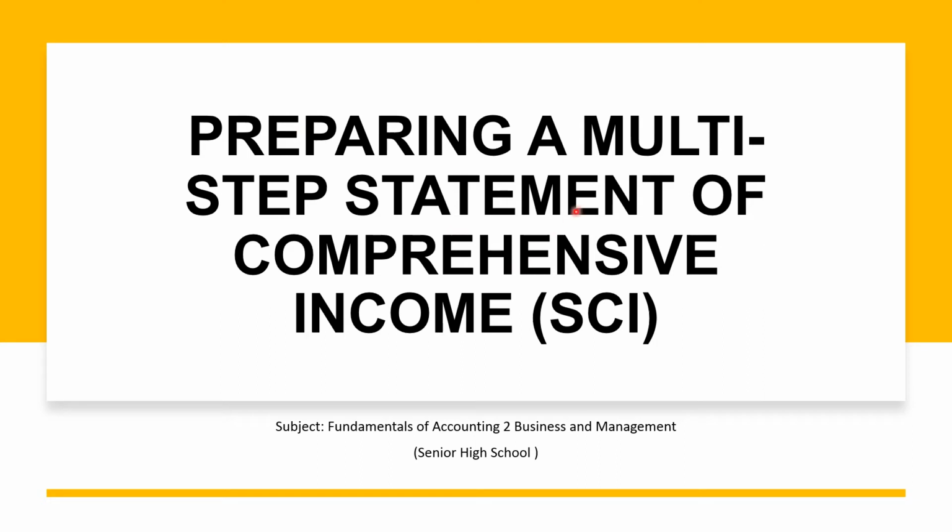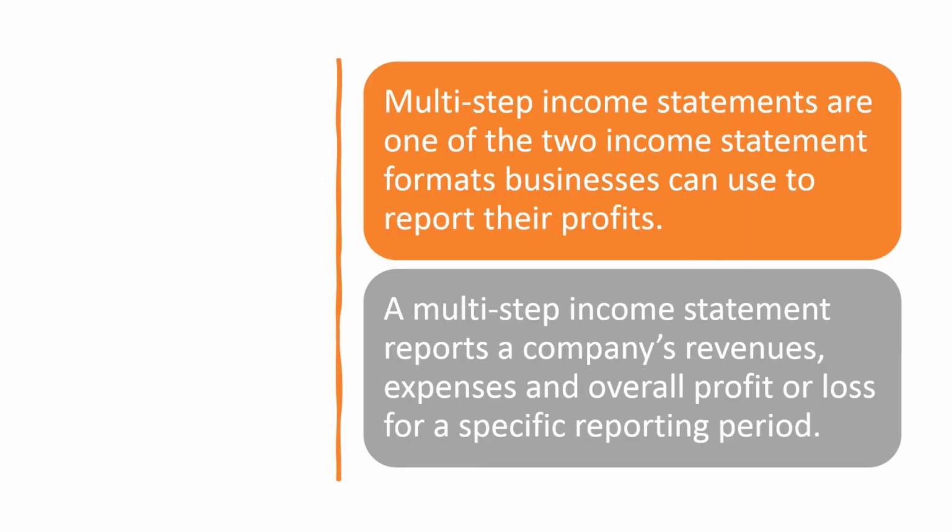Preparing a multi-step statement of comprehensive income, or the SCI. A multi-step income statement is one of the two income statement formats businesses can use to report their profits. It reports a company's revenues, expenses, and overall profit or loss for a specific reporting period.